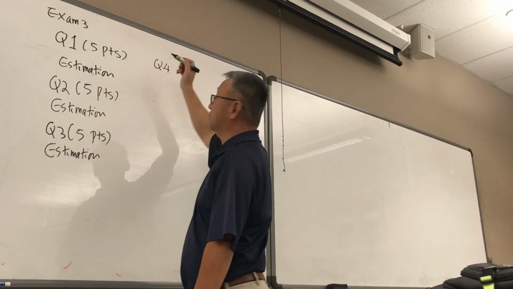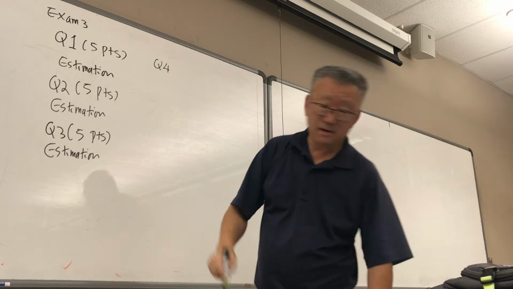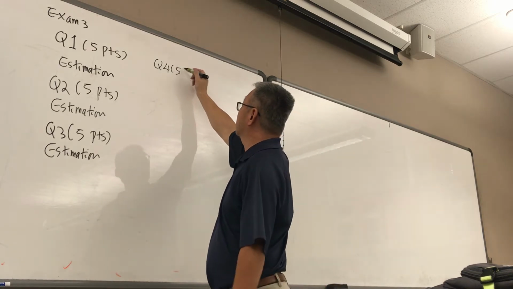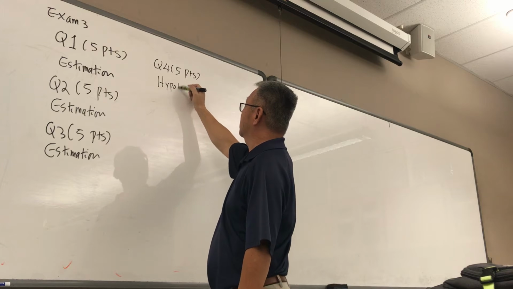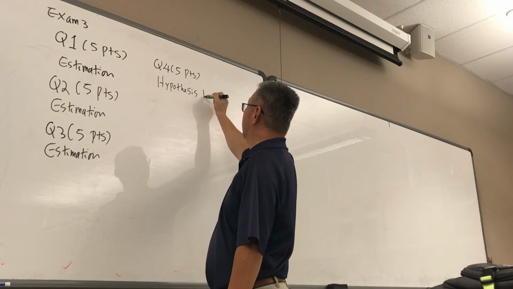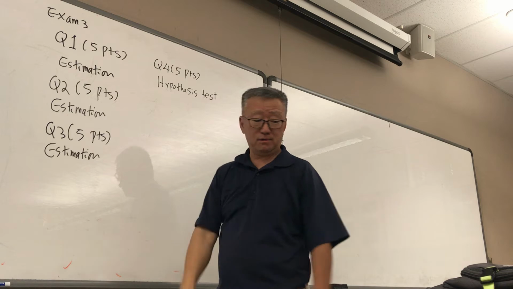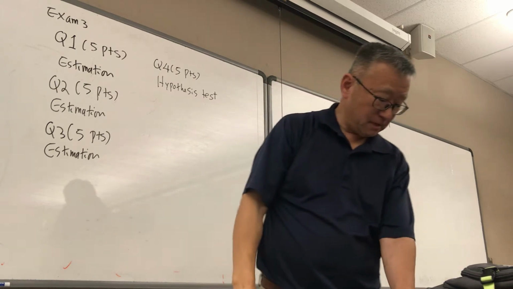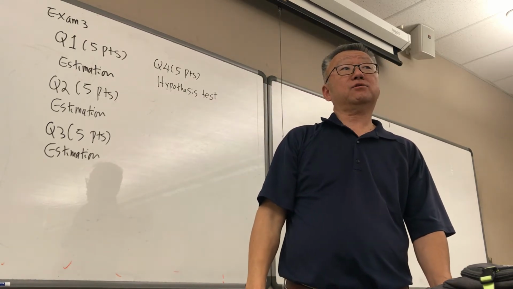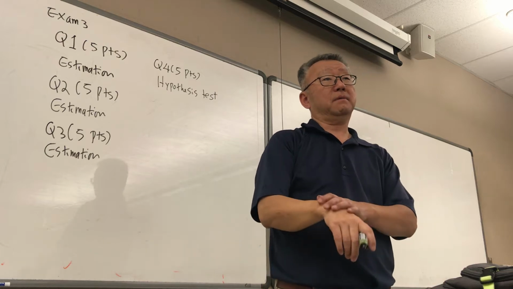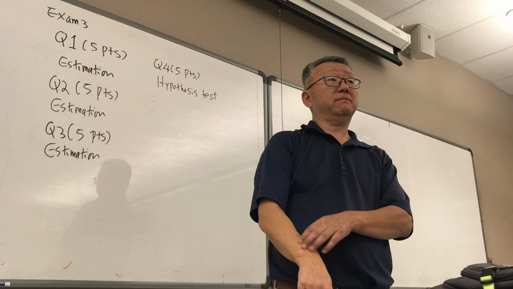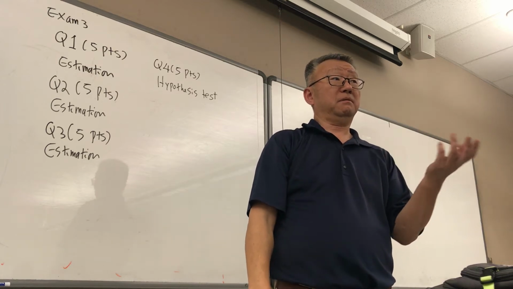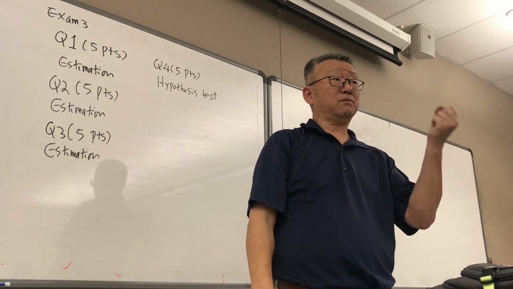Now, question 4, 5 points. This is going to be the hypothesis test. I'm not going to tell you which one. Now remember, if you're using case 1, then I'm probably going to ask you to find the p-value and interpret the p-value in terms of the question information.